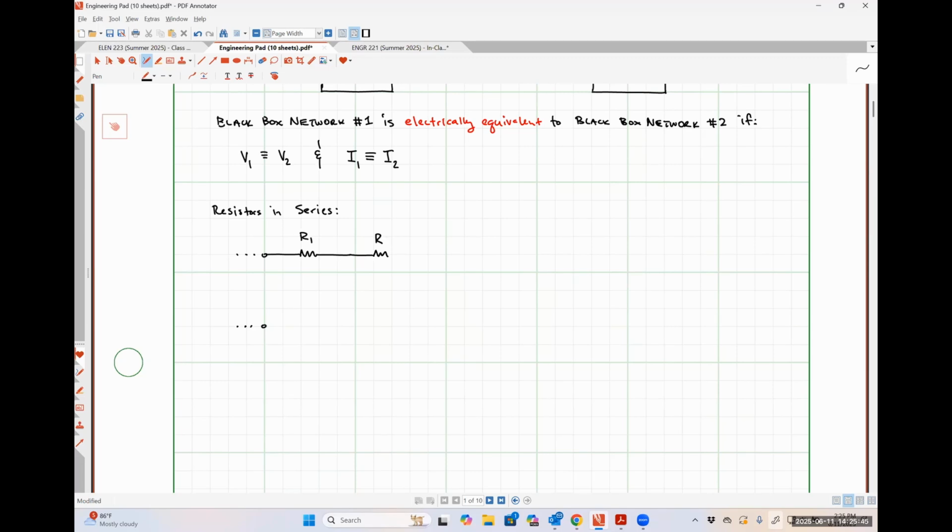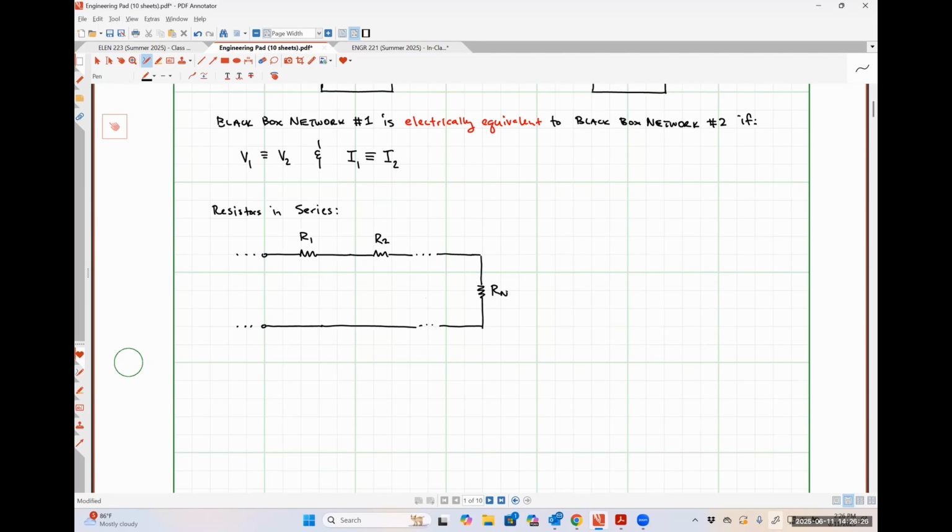This resistor here will be R2. And I'm going to go all the way out to some resistor R sub N, like so. Actually, let me put some ellipses there. So I'm kind of implying here that we could have any number of resistors connected in series if we're interested in something like that. Okay. So here is our network of N resistors in series.